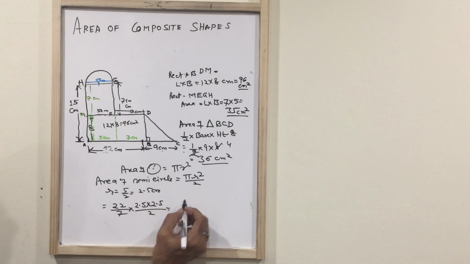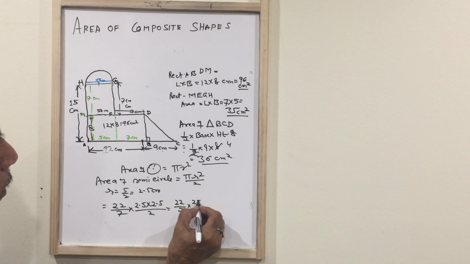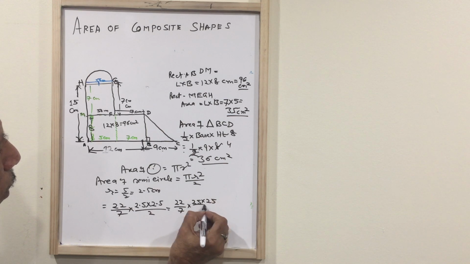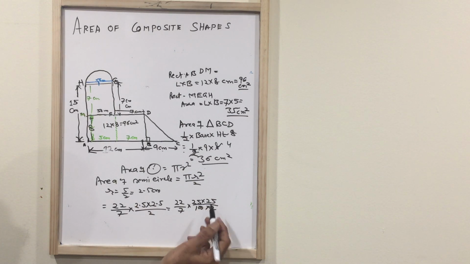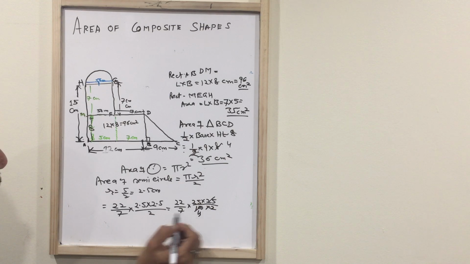So if we remove these decimals, then this is 25 by 100 total by 2. So one decimal, 10 of this becomes 100. We will cancel it.